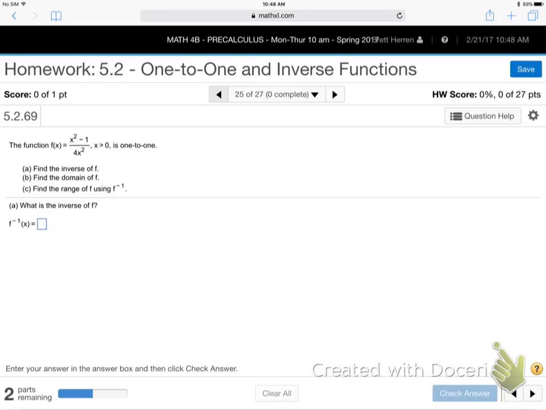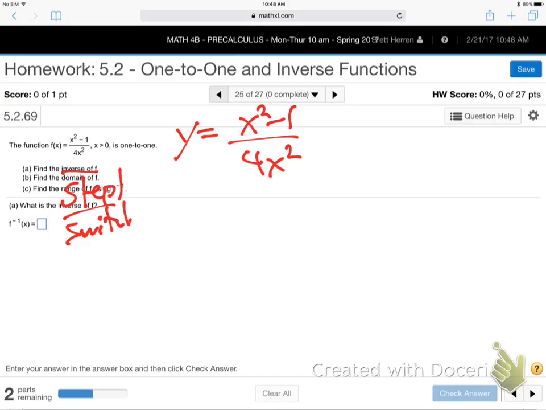So 25. All right. So y equals x squared minus 1 over 4 squared. It wants me to find the inverse. So you know the deal. Step 1, switch them. So this is x. These guys are both y. Looks normal enough right now. And then what do we do now?